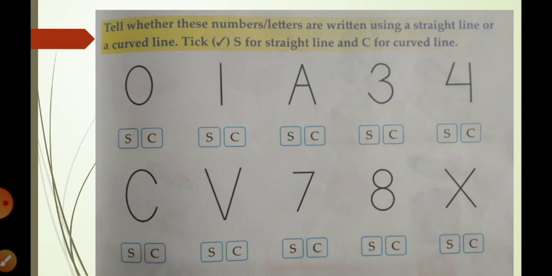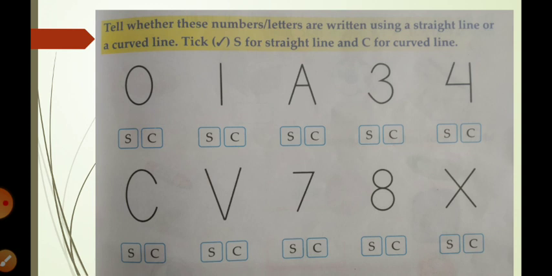See the first one, what is it? 0. When you want to write a 0, which lines are used here? Are the lines straight? No, these are curved. So to draw the number 0, curved lines are used.